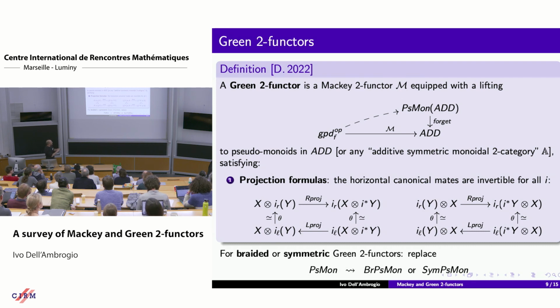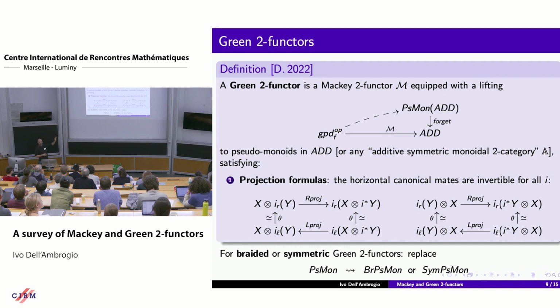The left, sorry, I should have said, the left square and the right square are symmetric compared to reversing the order of the tensoring, right? Yes, if you have a braided or a symmetric Green 2-functor, they are equivalent because the braiding automatically matches them. I had to put them both because in general you don't have a braiding. It's the only reason, sorry. That might be confusing.